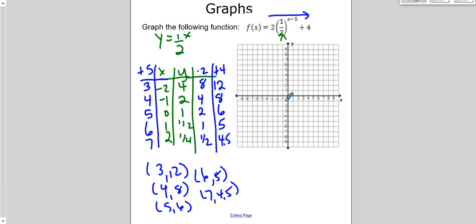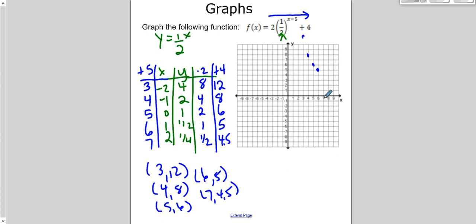our points. 3 and 12 is going to be kind of up here. 4 and 8 is there. 5 and 6 is there. And 6 and 5 is there.